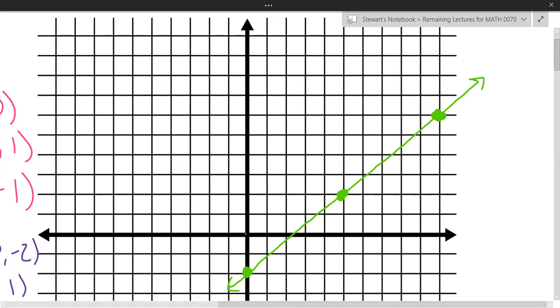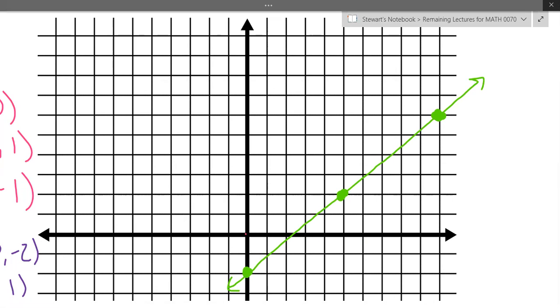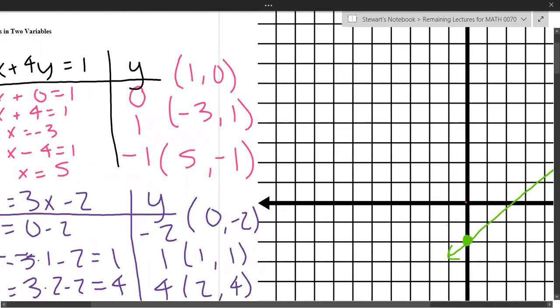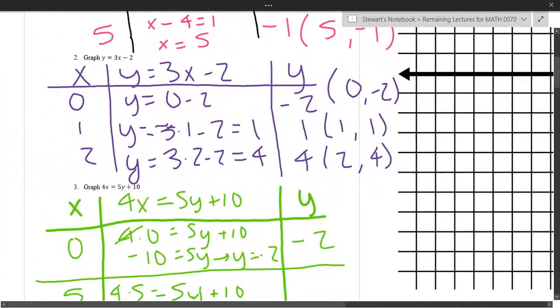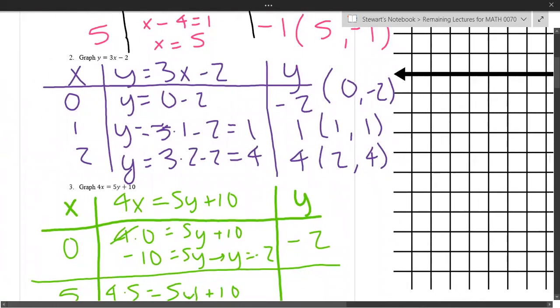So there is the graph of the line from that equation we just had, which was 4x equals 5y plus 10.